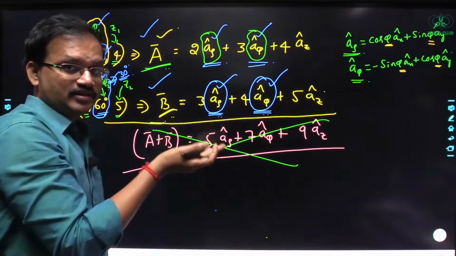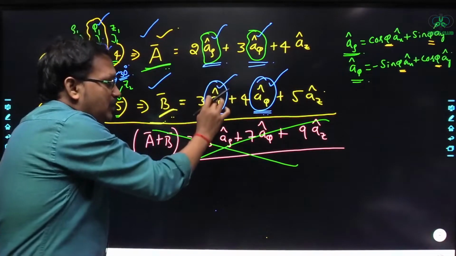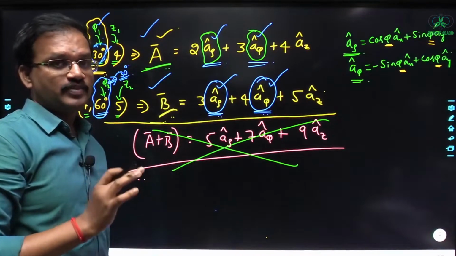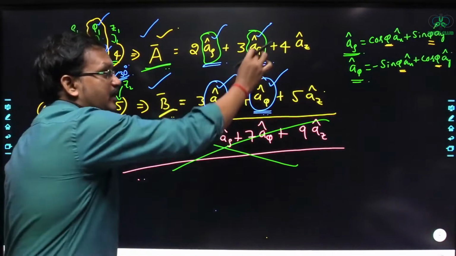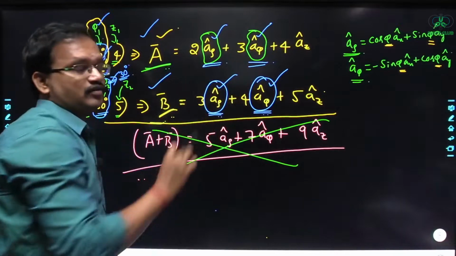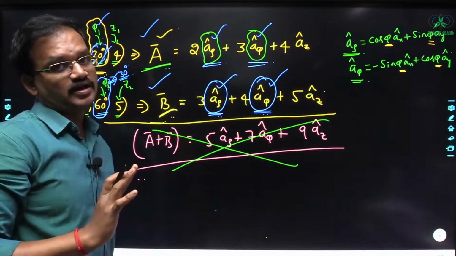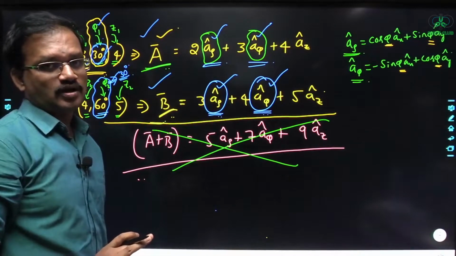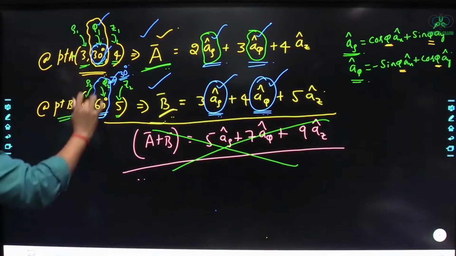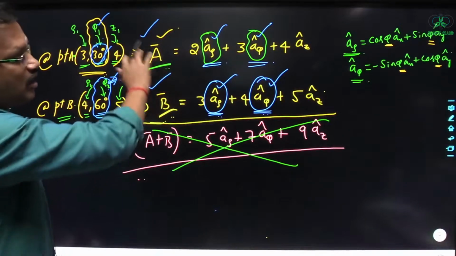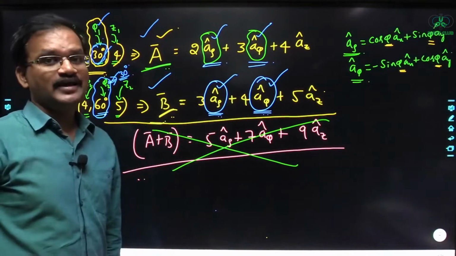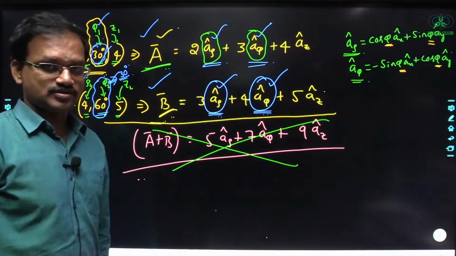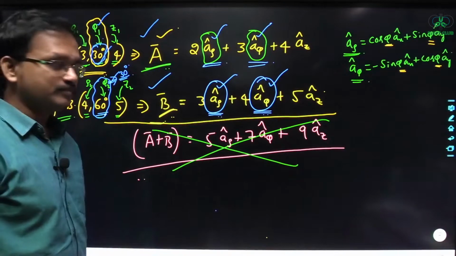In that case the direction of a_ρ cap at both points is the same, and the direction of a_φ cap is the same, so we can directly add these two vectors. If the phi values are different, you cannot add the two vectors directly in the cylindrical coordinate system.